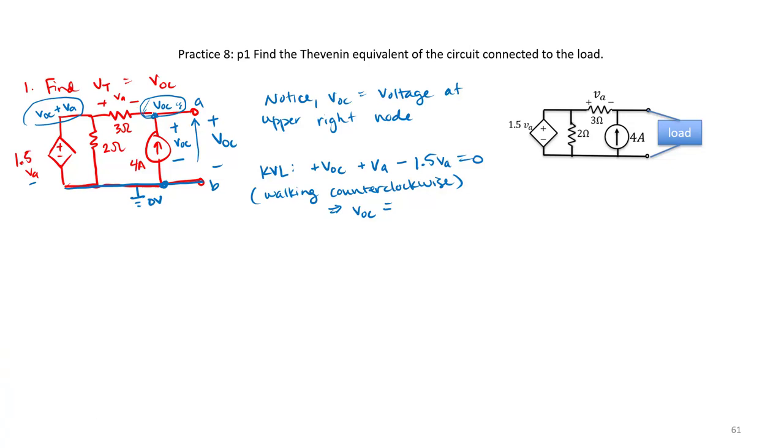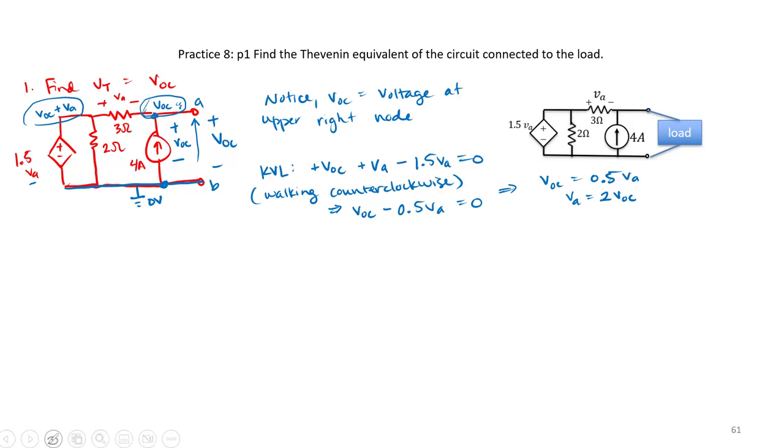So notice I determine, in this case, VOC minus 0.5 VA equals 0. So that gives us VOC is equal to 0.5 VA, or I could write that VA is equal to 2 VOC.